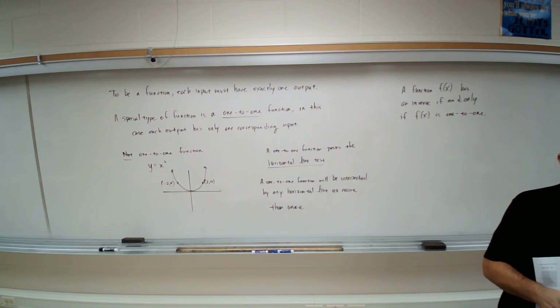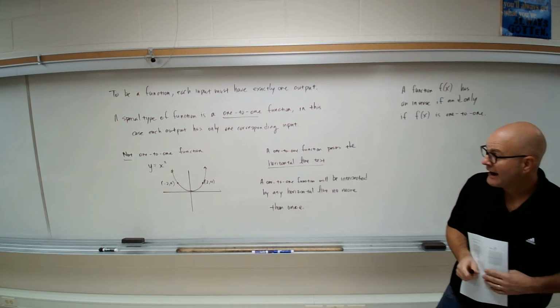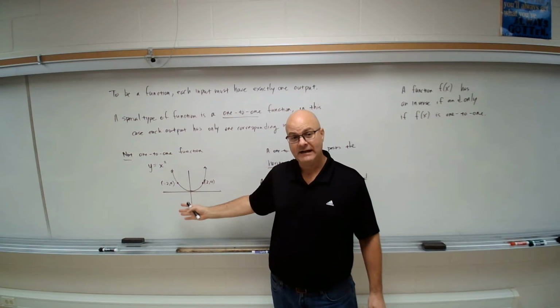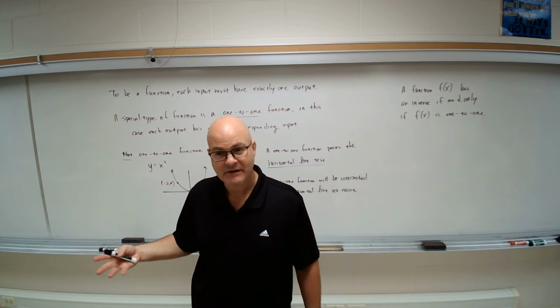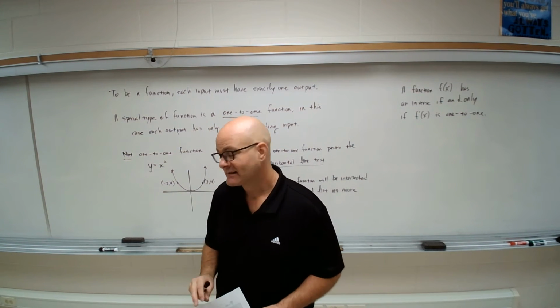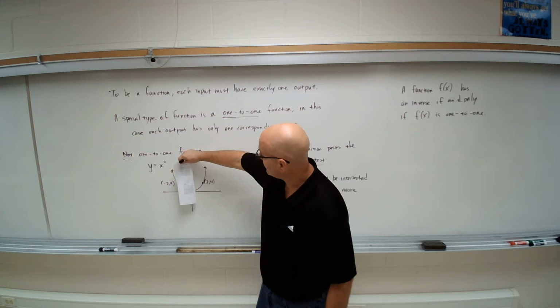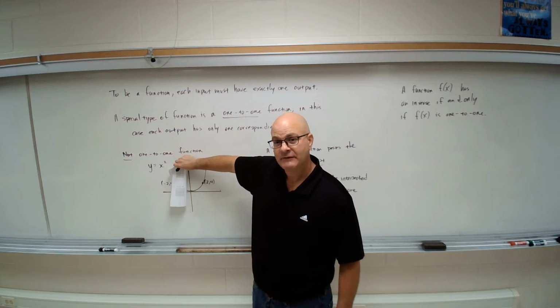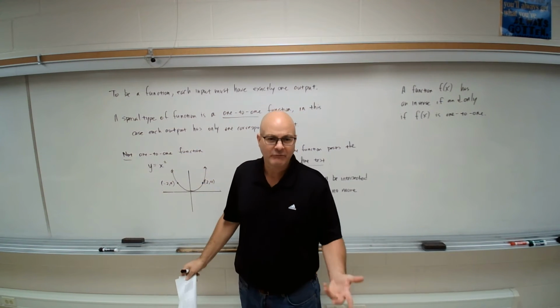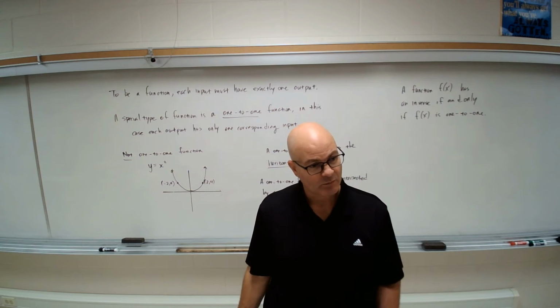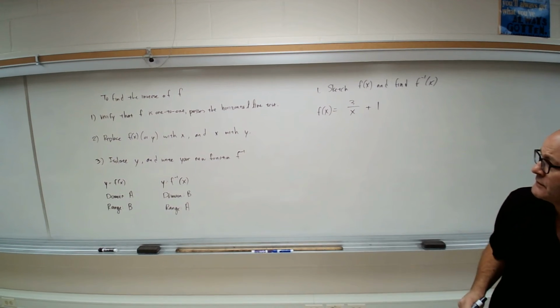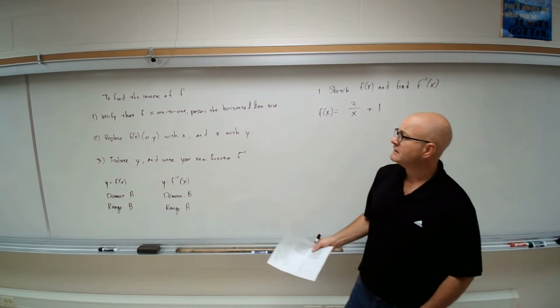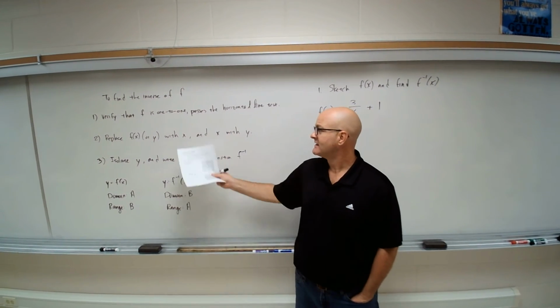If it's not one-to-one, like a parabola, it is a function, but its inverse is not a function, because it doesn't pass that horizontal line test. Now we'll do tricky stuff like cut this in half. If you get rid of half of it, we kind of force it to have an inverse, but that's what we're looking at here. So to find the inverse of a function f, there's kind of a three-step process.